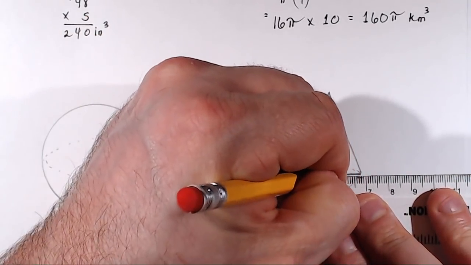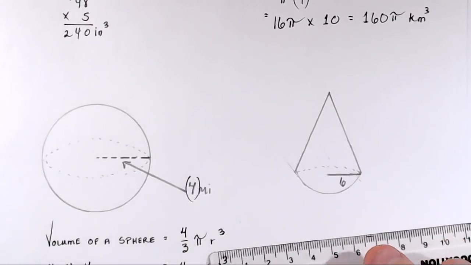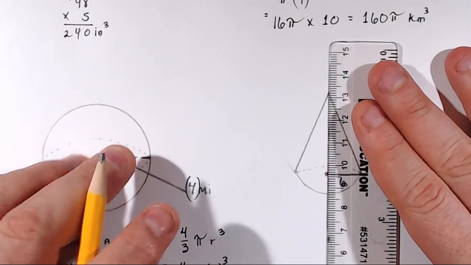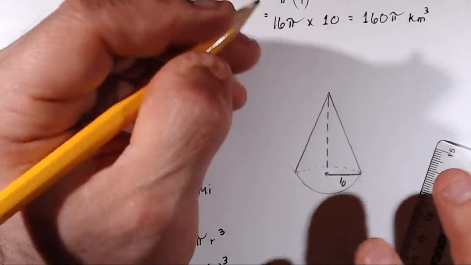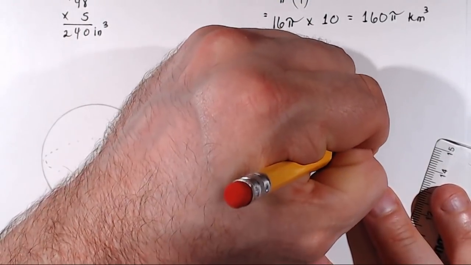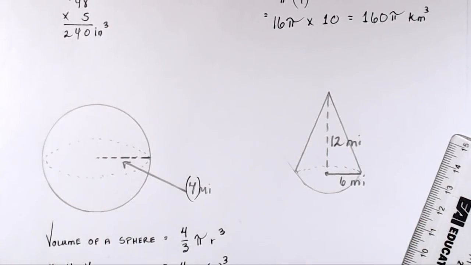We'll indicate that the radius is 6, since that makes more visual sense. The height is 12 miles, and the radius is 6 miles.